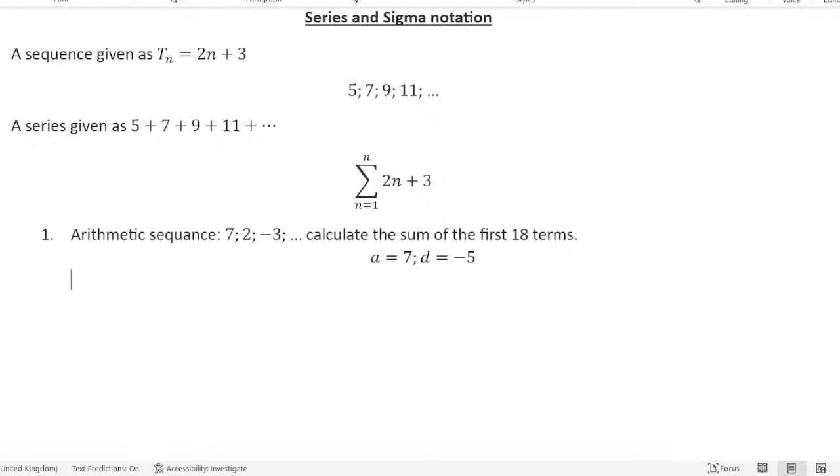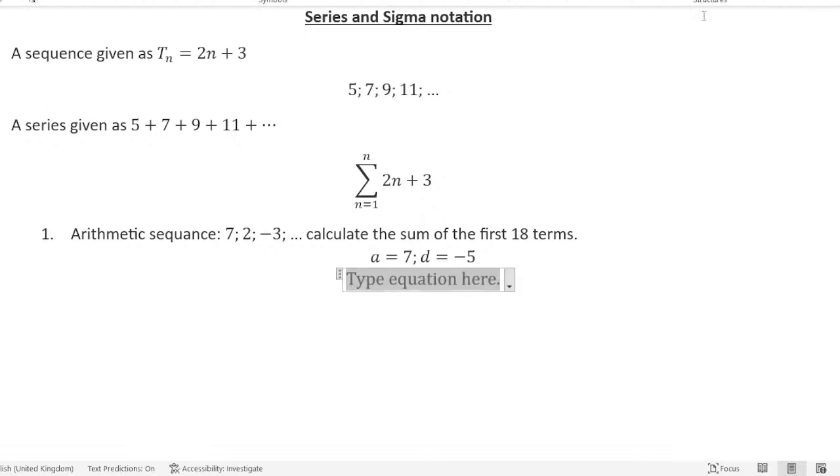Now we have a formula for the sum of terms. The formula is like this.